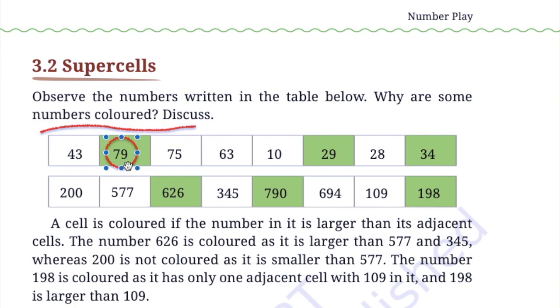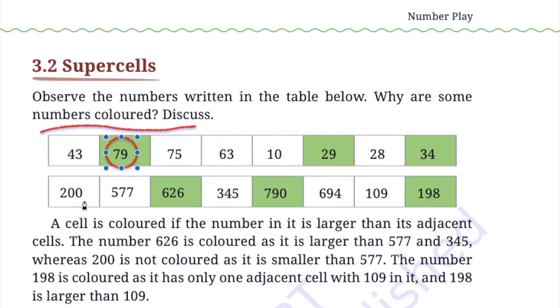If you see here 10, 29, 28, 29 is greater than both these numbers, so 29 is colored. Now this is 28, which is smaller than 29 and 34, so not colored. Next number is 34, which is greater than 28, so 34 is colored.